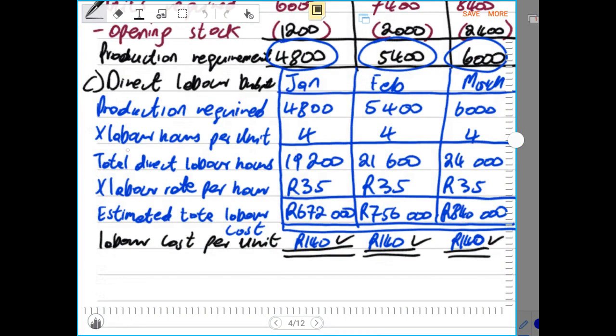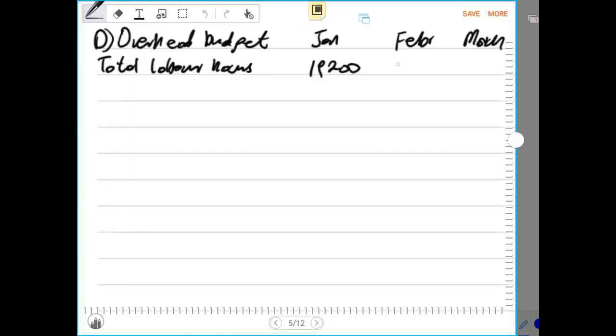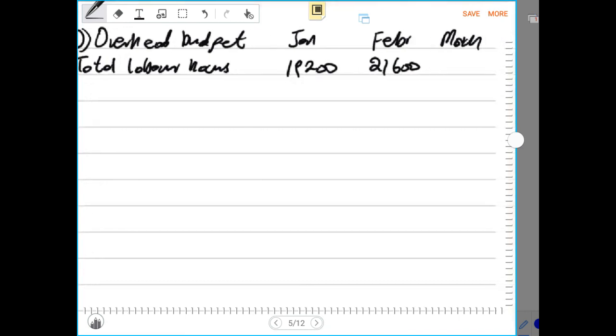This is where we start. We don't have to start here because we will be just doing the recalculation of the same amounts. So now we just start with the 19,200, we record 21,600, then we record 24,000 hours, because our overheads are based on labor hours.